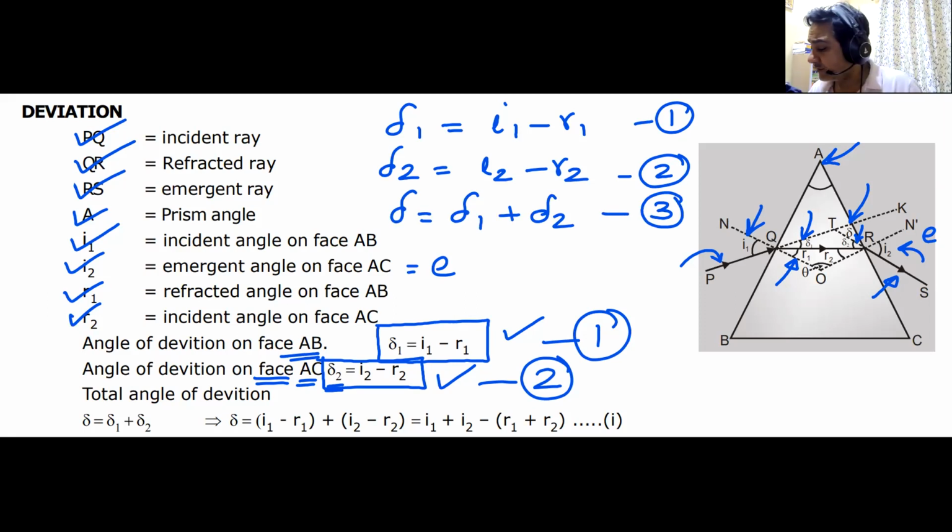So far, so good. Delta, the angle of deviation, is delta 1 plus delta 2. Do you see me? Is everything clear? My voice is clear. The picture is clear.